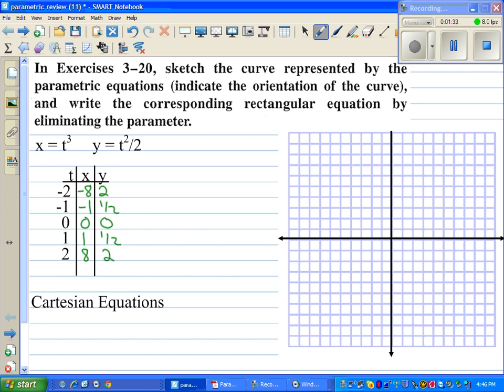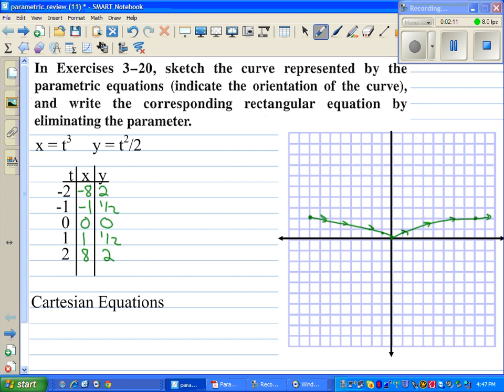Now if we plot these points, we get -8, 2, then -1, 1/2, 0, 0, 1, 1/2, and finally 8, 2. And then we draw the curve. The direction it went was left to right, so we just draw some arrows indicating how this curve was created.